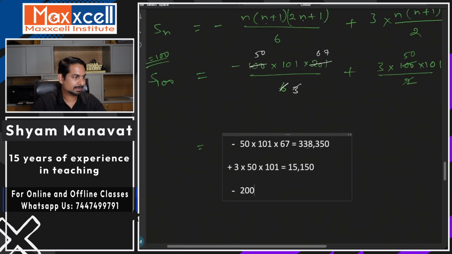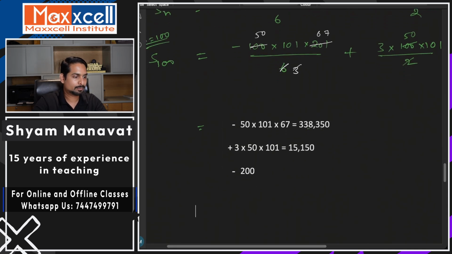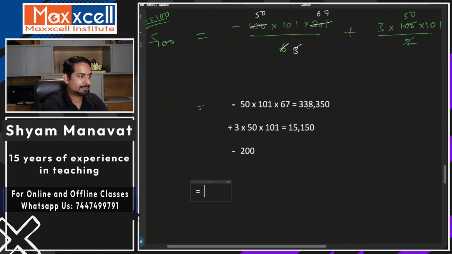Now if we simplify this all, we have 3,38,350 minus 15,150, and then plus, my bad, this is plus, and then you got minus 200.